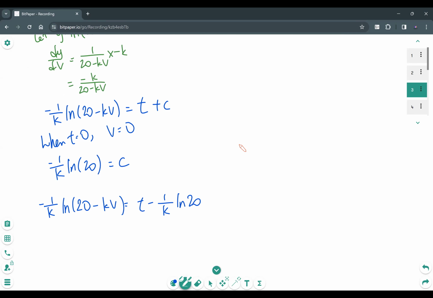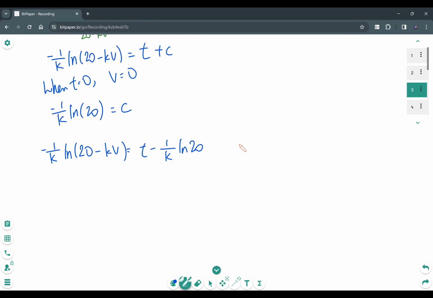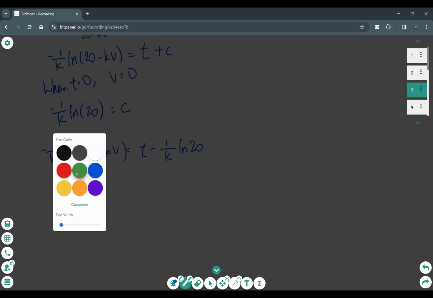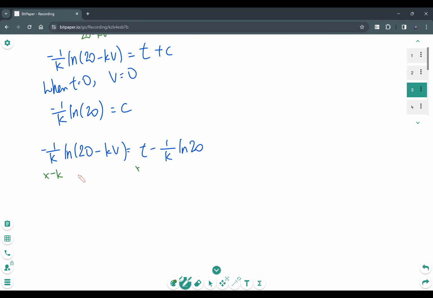I'm going to make v the subject. I can multiply everything by negative k to get rid of the negative in front. Then I get ln of 20 minus kV equals negative kt plus ln 20. To get rid of ln, I can take e to the power of both sides.